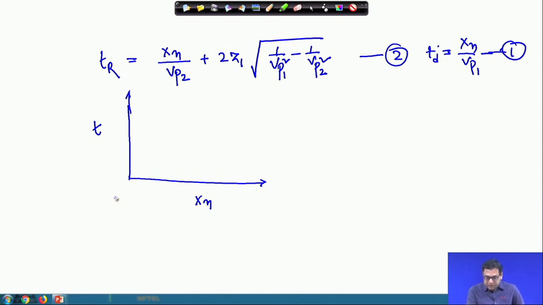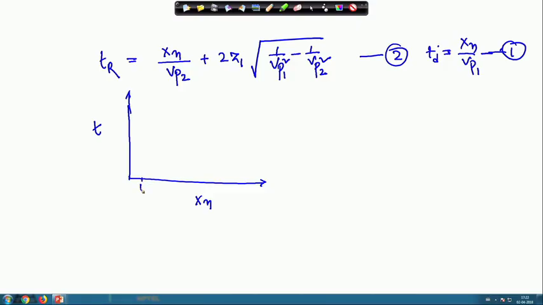As I mentioned, if we increase the distance from the source to the geophone, then the possibility of the refracted wave reaching first increases. When the distance is very small, the direct ray will reach the geophone first. If the distance increases, the refracted ray will reach first. We are measuring the first arrival time. Suppose these are the first, second, third, fourth and so on up to n number of geophones.